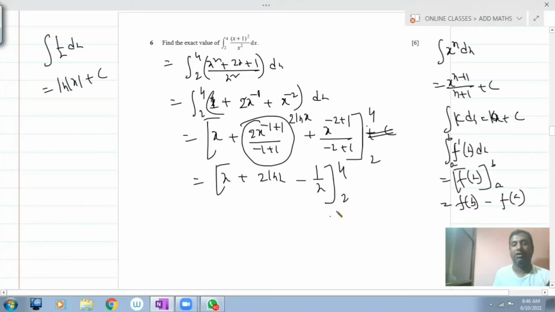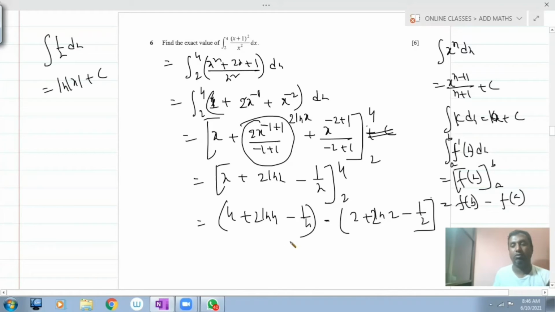So let me use the values: first 4 plus 2 ln 4 minus 1 by 4, minus 2 plus 2 ln 2 minus 1 by 2. Let us simplify this. If I use a calculator, 4 minus 1 by 4 minus 2 plus half, it will be 9 by 4.